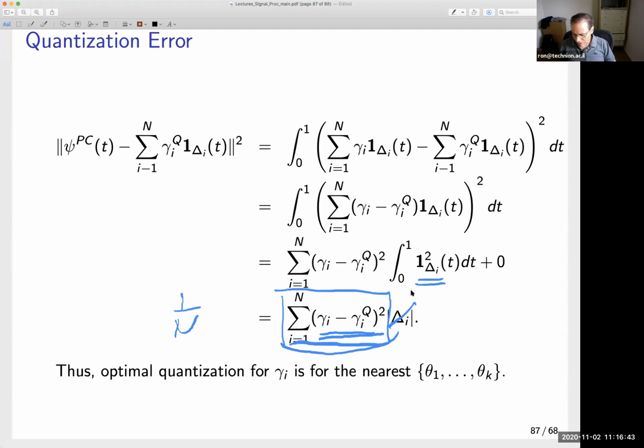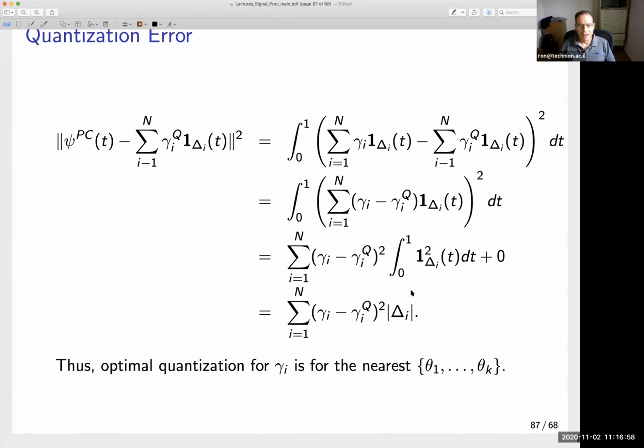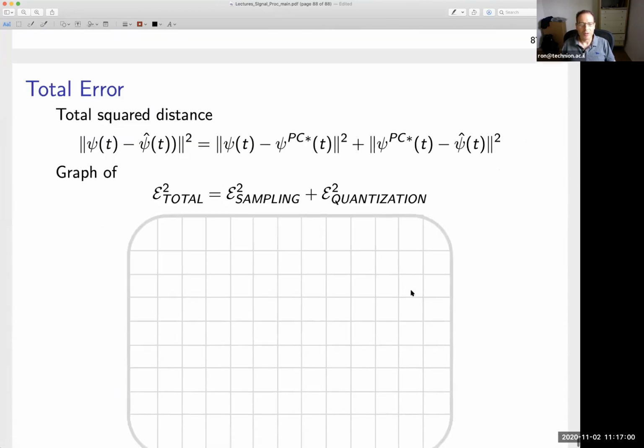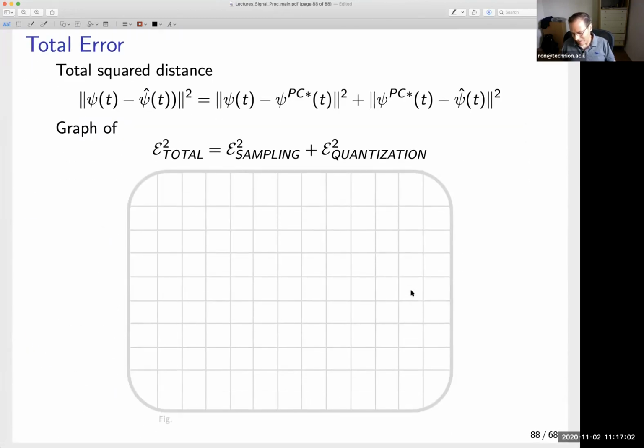So we are looking for the optimal quantization for gamma i, for theta equals 1 to k. And the question then is how to do that. And Sean already said that what you need to do is probably something like our good old k-means or Max-Lloyd that we did before.